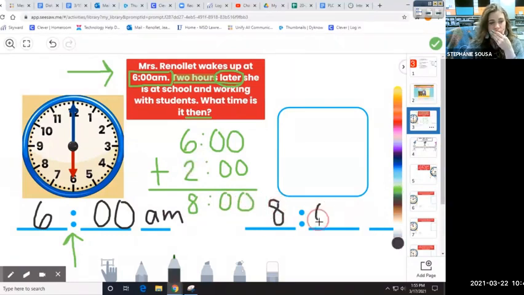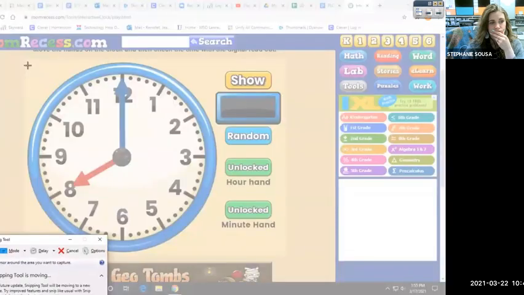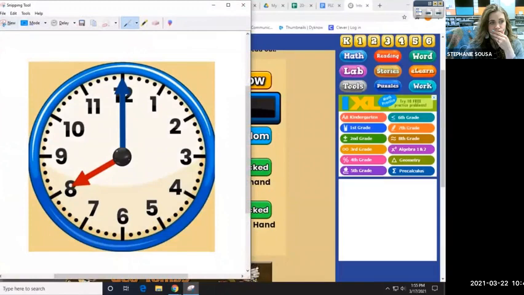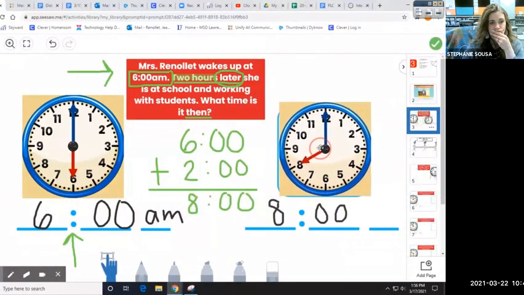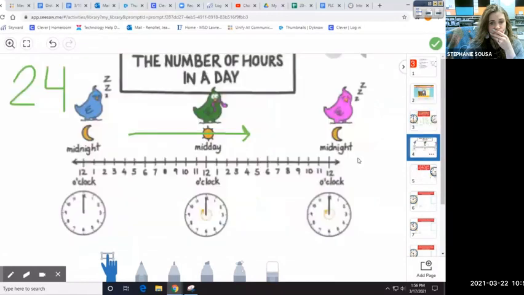Today you are going to write the time and show a picture of your analog clock. You're going to add the picture to your Seesaw page right where the box is. Finally, I need to think about, is it AM or PM? I know that Mrs. Renalé wakes up at 6 o'clock AM, so I can think about that number line again.